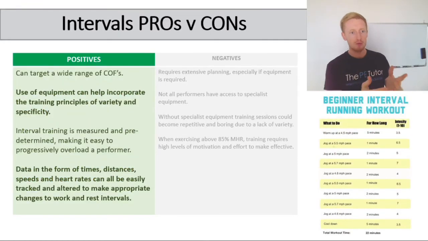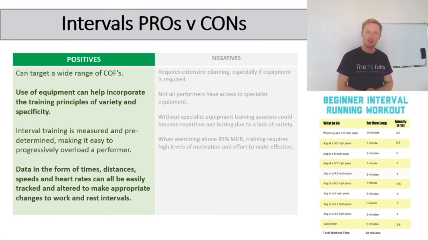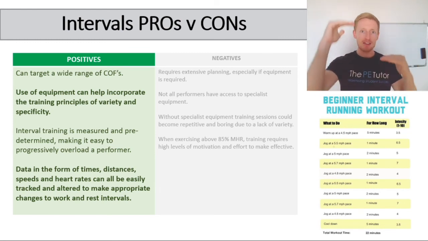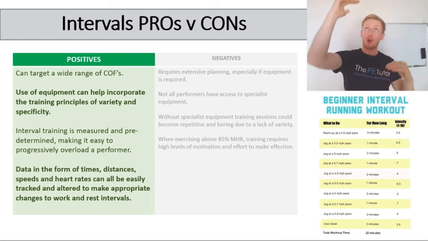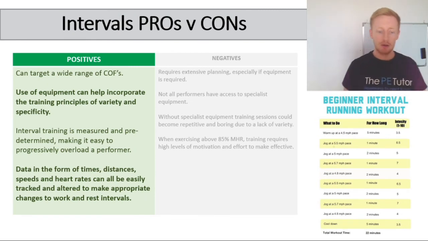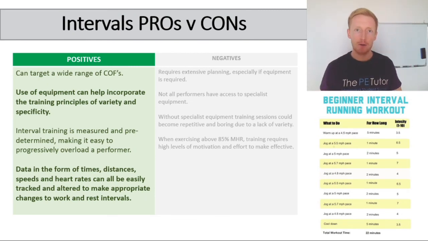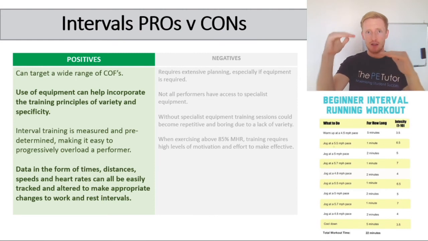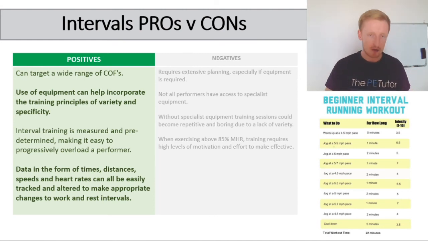So, some pros. We can target a wide range of components of fitness. How? Well, because we can play around with the intensities. If we go closer to 100%, speed, strength, power. The lower that work intensity gets, aerobic endurance, muscular endurance. Very little equipment, just like continuous and fartlek.